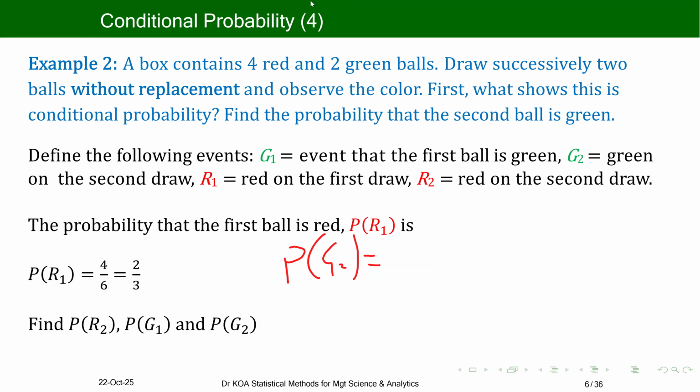So say it again. The probability of G2 will be equal to the probability of G1, G2, or R1, G2. That all means what? What symbol? Addition. Yes, so you should say plus. Plus the probability of R1 G2, and don't say it again. That's it. So this is the probability that the second ball is green.